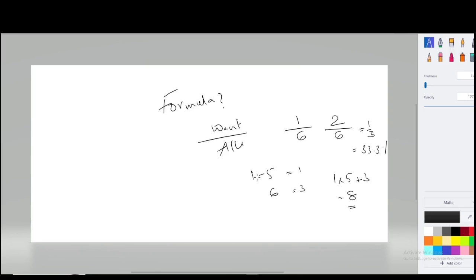Now the probability of rolling a 3 changes to one favorable outcome out of the total weight of 8, which is 1 by 8, and the probability of rolling a 6 is 3 favorable outcomes out of the total of 8. So the probability of rolling a 6 changes from 1 by 6 to 3 by 8.